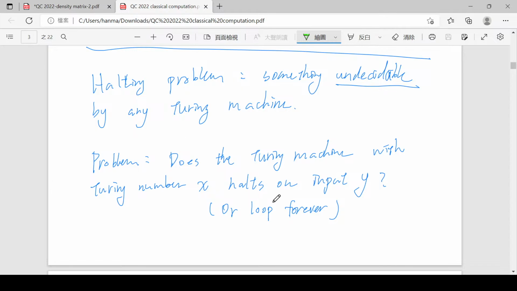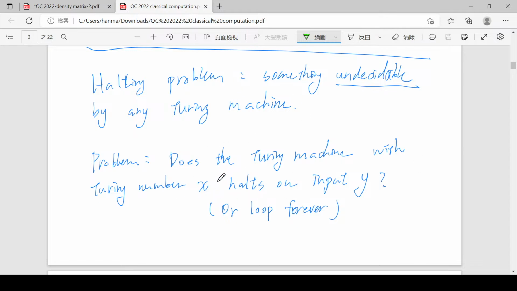So the problem is, if you have a Turing machine described by the Turing number X, does it halt on some input Y, and you want to see whether there is a Turing machine that decides this.